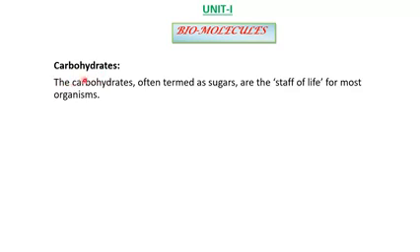They are often termed as sugars, but many carbohydrates do not have a sugar taste. Saccharides means sugars, so we will be talking about the saccharides or sugars as carbohydrates. But in the olden days, they thought that they have a sugar taste, so they are called sugars.